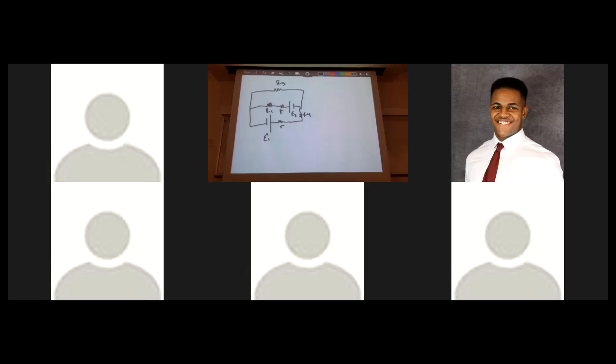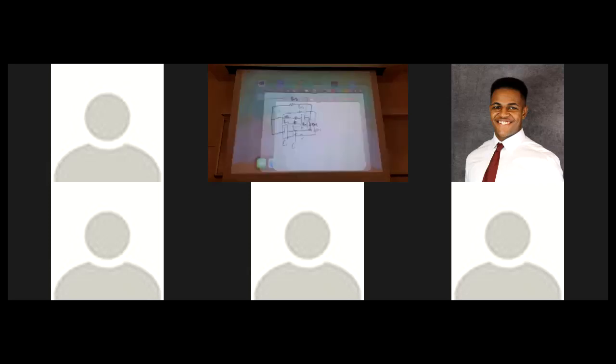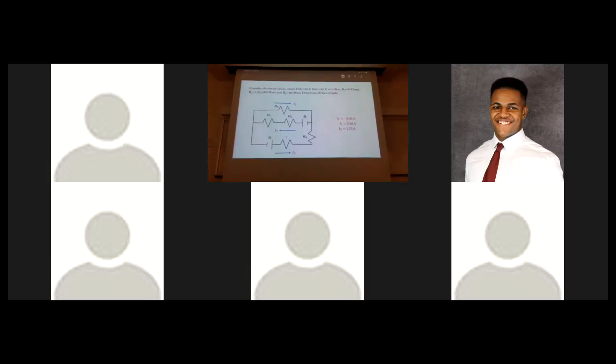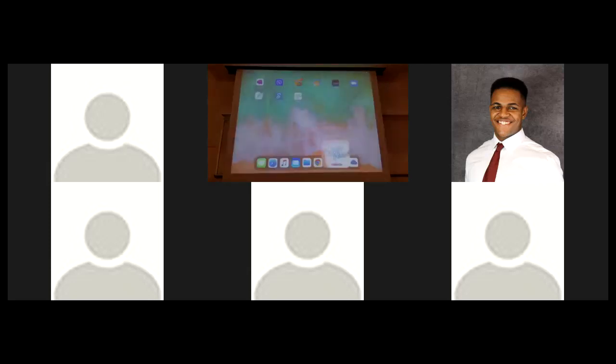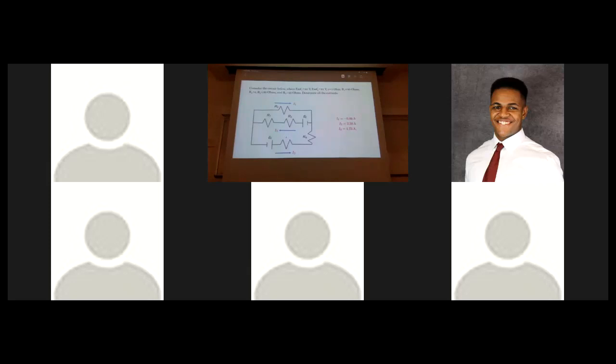Did I get all those right? Let me double check. Yeah, R3, R1, R2, R4. All right, so here we know little r is equal to 1 ohm. We know R3 was equal to 30 ohms, R1 was equal to 40 ohms, and R4 was equal to 20 ohms. Those right as well? Yeah, 20, 30, and 40. Okay.